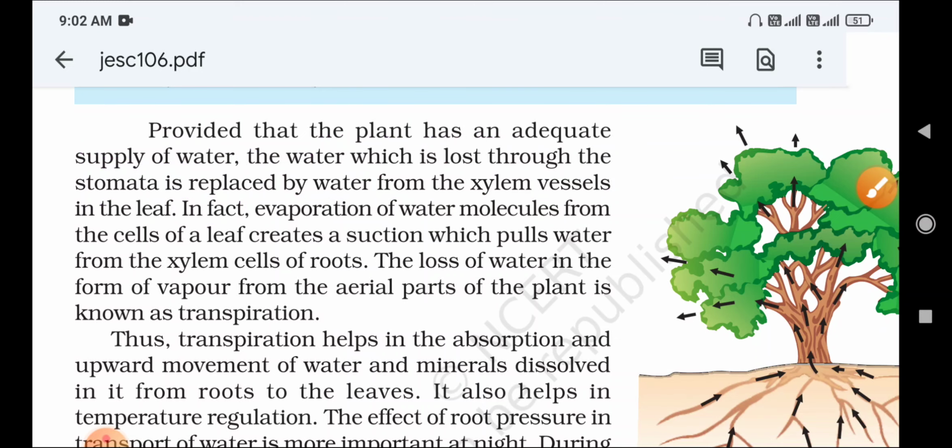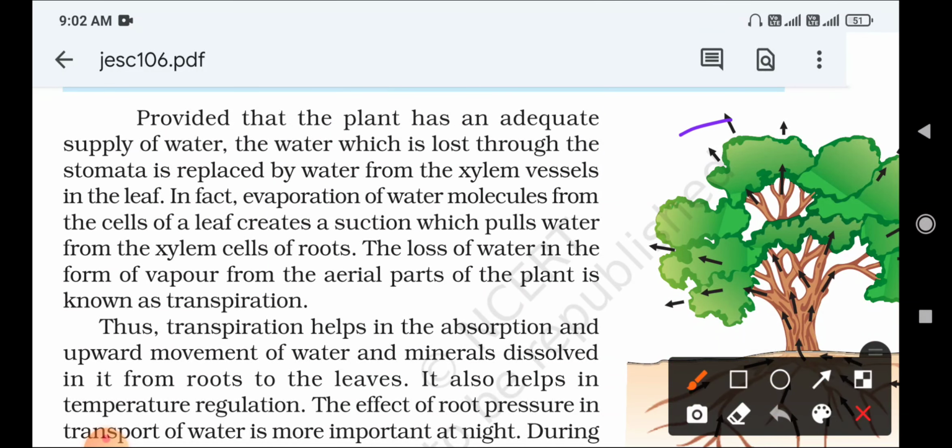Here, whatever water is lost from the leaves is lost through the part called the stomata. The water is lost from the leaves through the stomata, and after losing the water, the leaves are refilled with water through the xylem vessels.